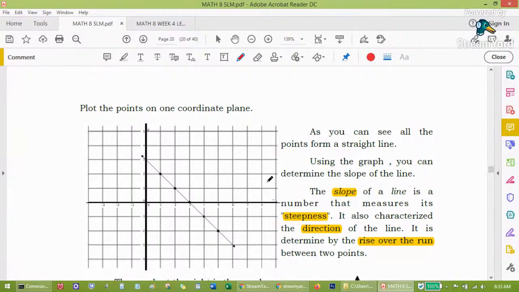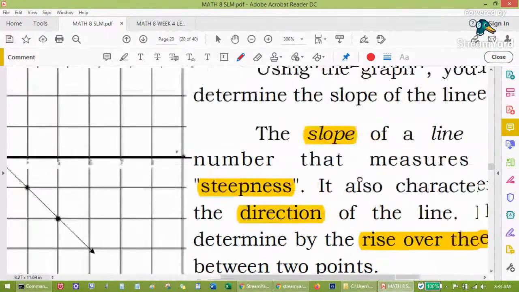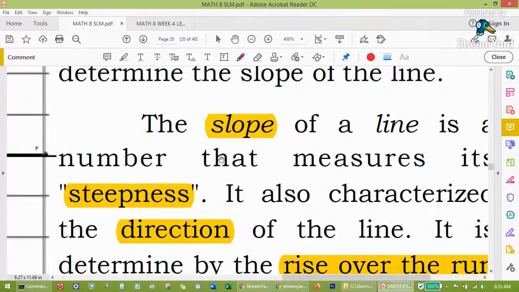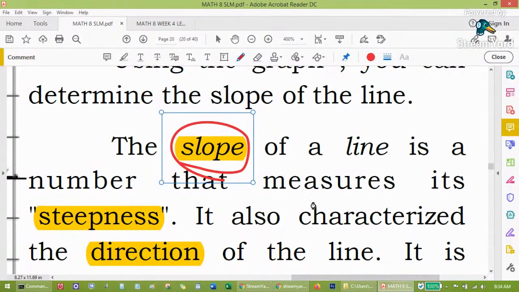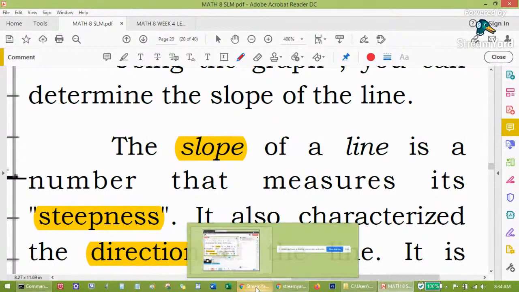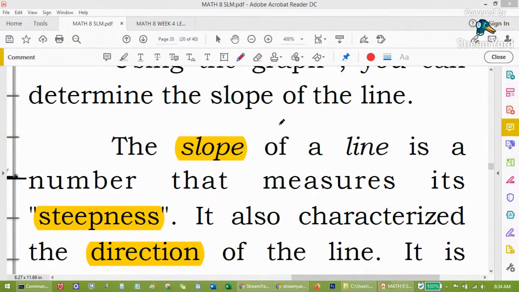So, next is going to discuss the slope of the line. So, ano ba yung slope? So, yung slope, maririnig natin sa European countries. Pag slope, for example, slope is mountain.